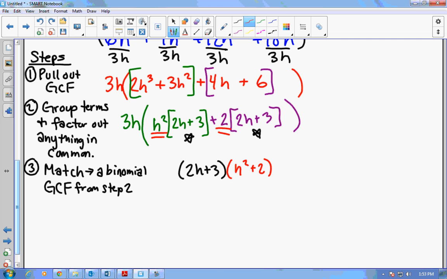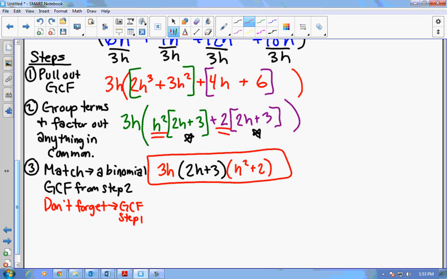And then don't forget, we have something else. What else is hanging out there? 3h. Excellent. So I'm going to put also, don't forget, the GCF from step 1, 3h. I like to see the 3h on the front, but you can put it on the back. We can multiply in any order. That is factoring by grouping.